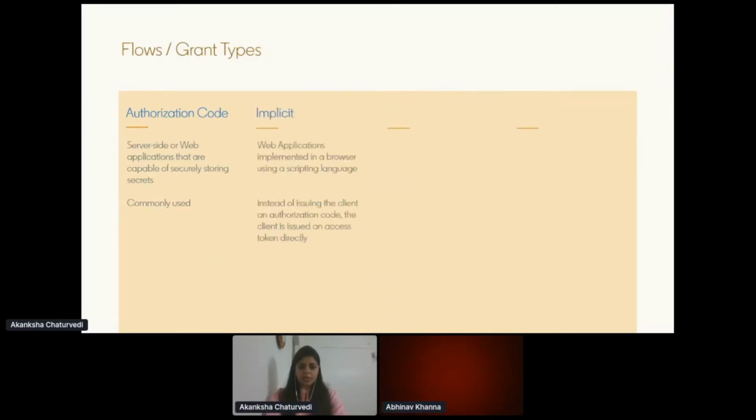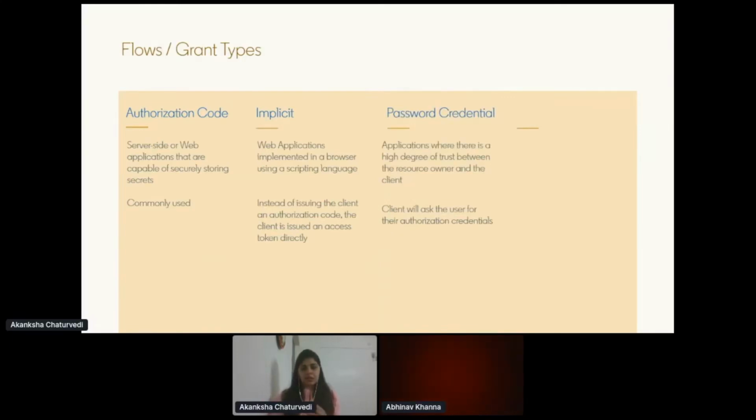Second, the implicit flow. Now, in the implicit flow, instead of issuing the client an authorization code, the client is issued an access token directly. And this is mostly used for single-page architecture applications. Third, the password credential flow. In this flow, the client will ask the user for their authorization credentials, which is usually the username and password.